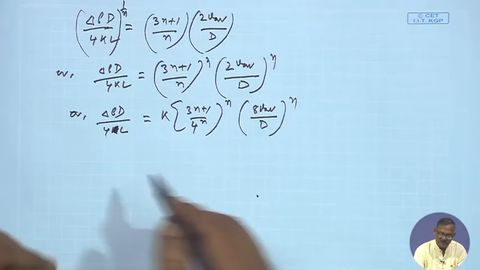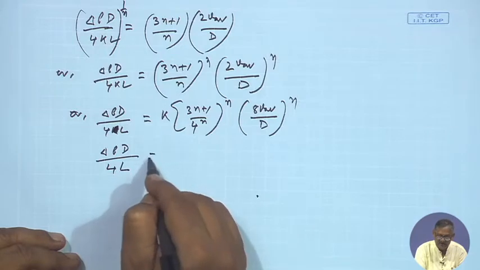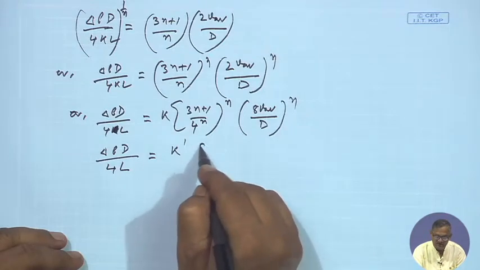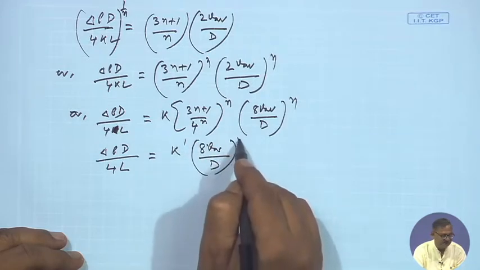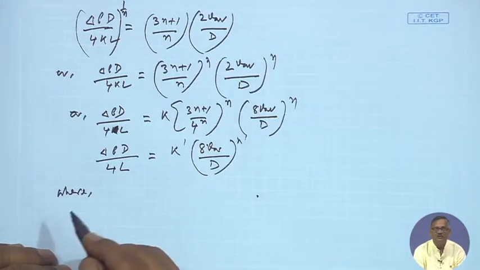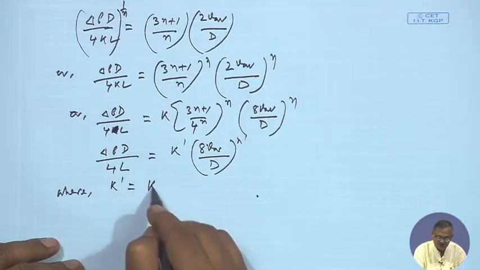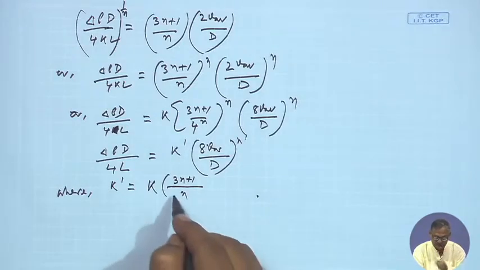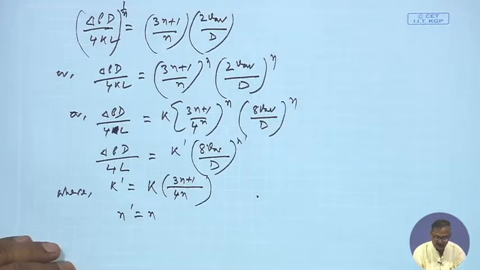So this we can rewrite: delta p d by 4 L equals a new constant k prime into 8 V average by d to the power n prime, where k prime is equals to k into 3 n plus 1 divided by 4 n, and n prime is equal to n, right.